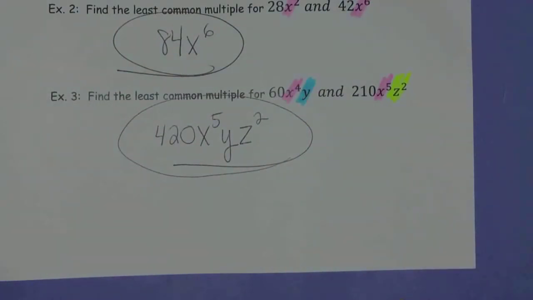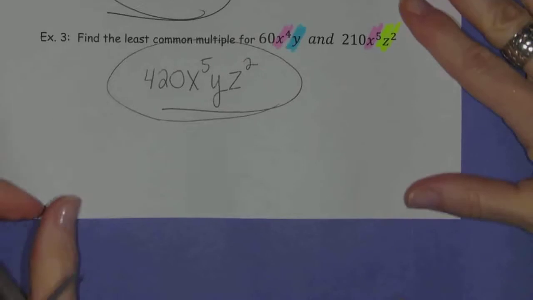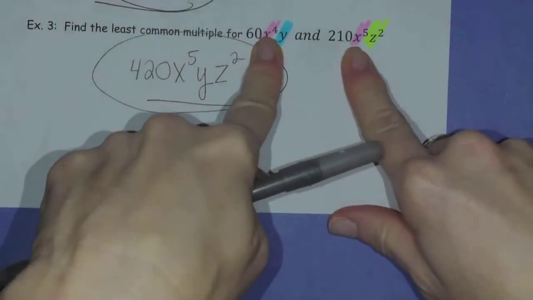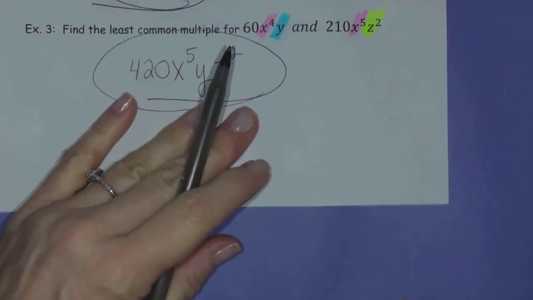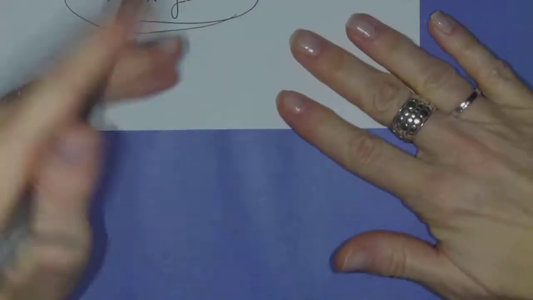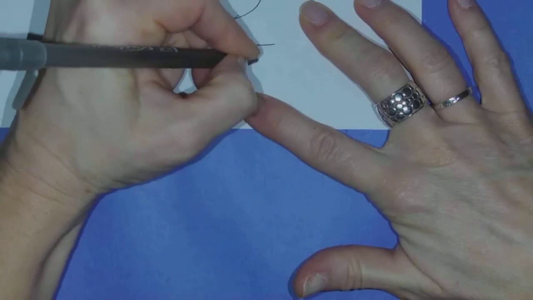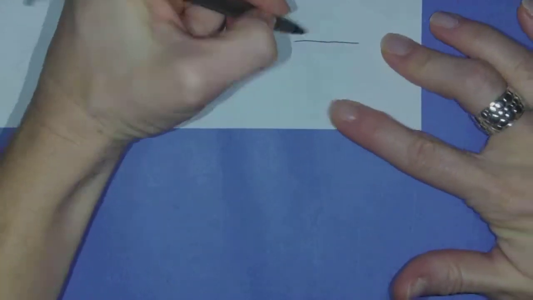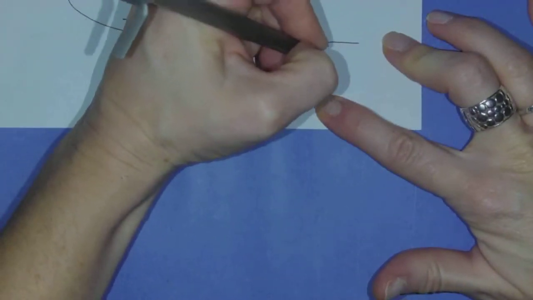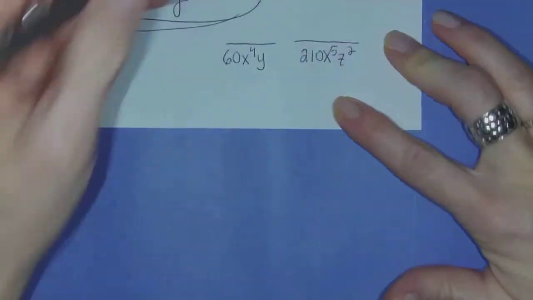This is what this would be like. Just check this out for a second and we'll be done. Say these were denominators of fractions. So here, on this one, we had something over 60 x to the 4th y. And here we had something over 210 x to the 5th z to the 2nd.